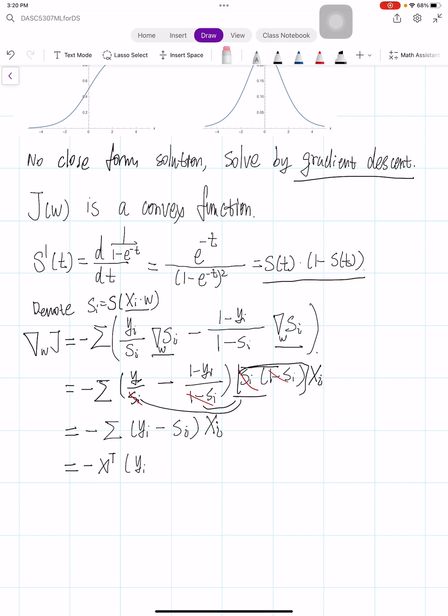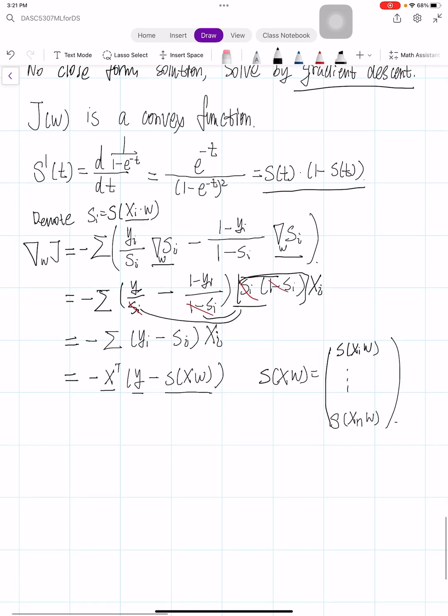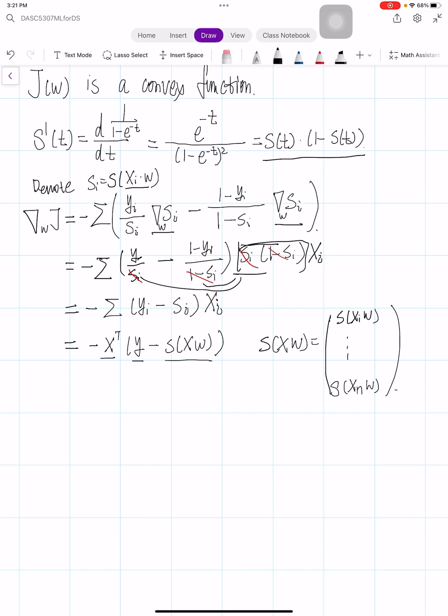If we use the matrix notation here, let me rewrite this part. We have negative X transpose times y minus s(Xw). Here X transpose is the design matrix transposed, y is the label vector, and s(Xw) is also a vector, s(x1 w) up to s(xn w). You just apply this s function component-wise to Xw.